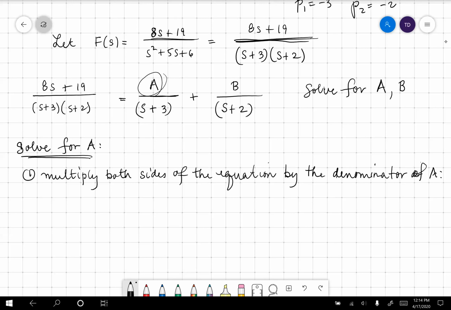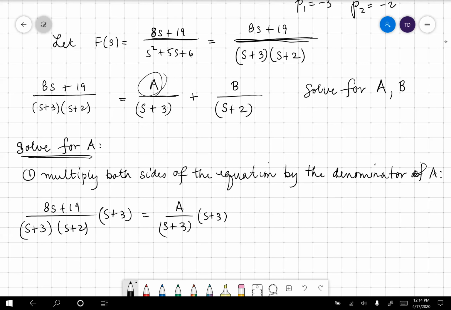Here we go. You ready? 8s plus 19 divided by s plus 3 times s plus 2, times s plus 3, equals A over s plus 3 times s plus 3, plus B over s plus 2 times s plus 3.